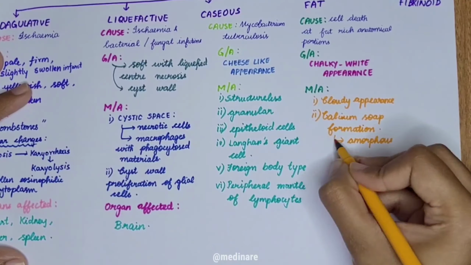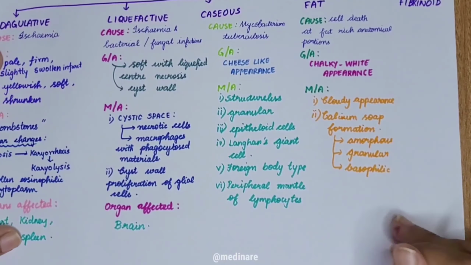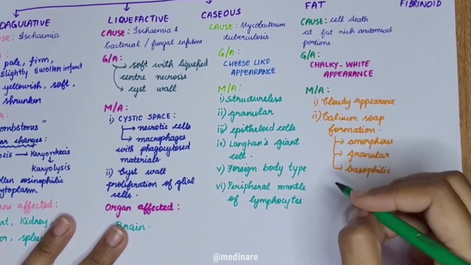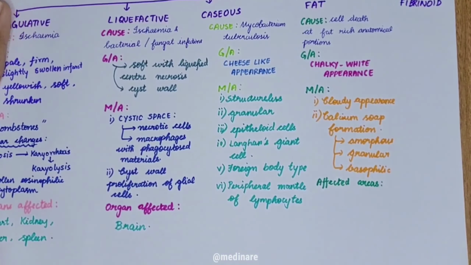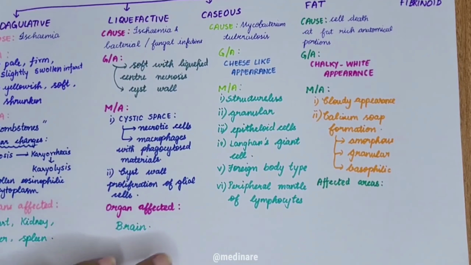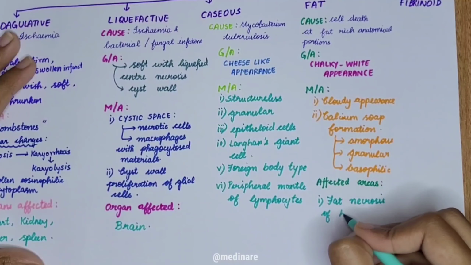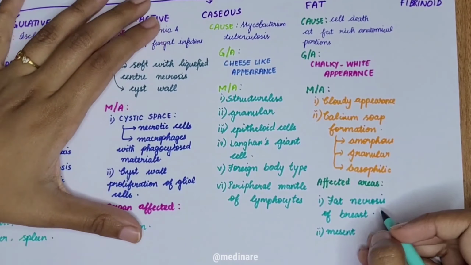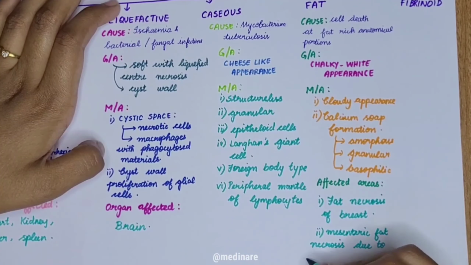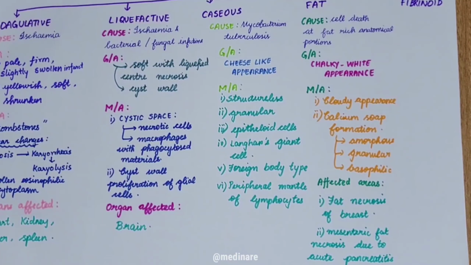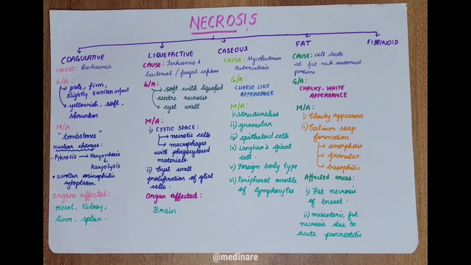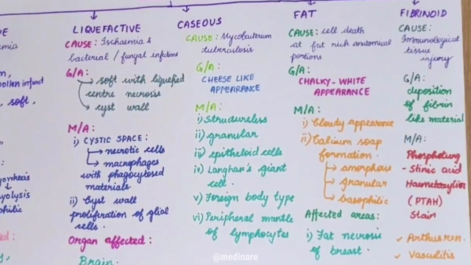Microscopically, they appear cloudy with calcium soap formation, which looks amorphous, granular, and basophilic. Fat necrosis is seen in the breast, and due to acute pancreatitis, there is a possibility of getting mesenteric fat necrosis.